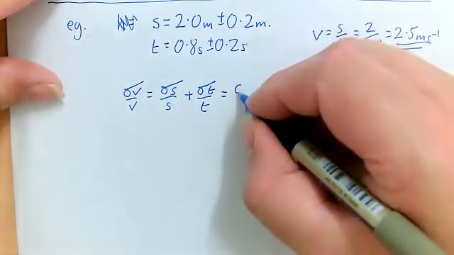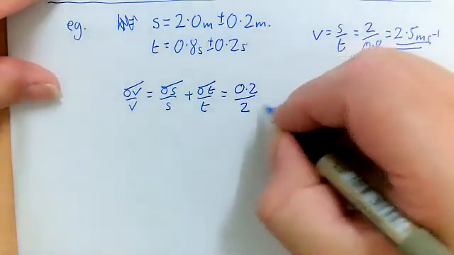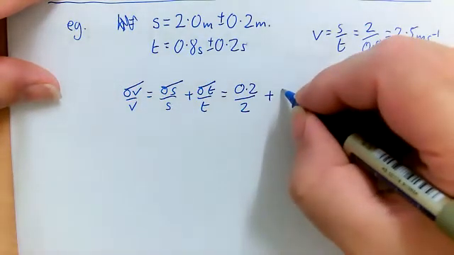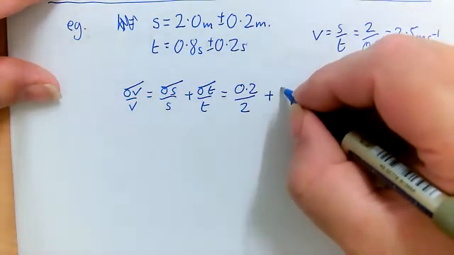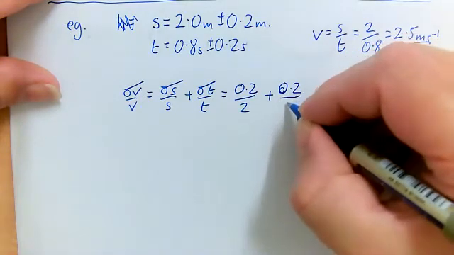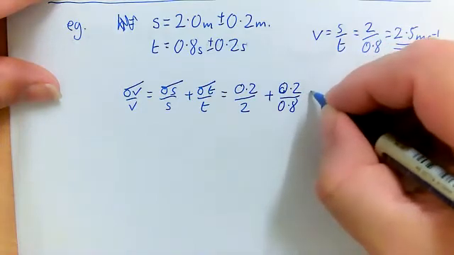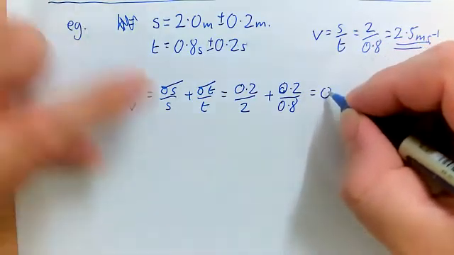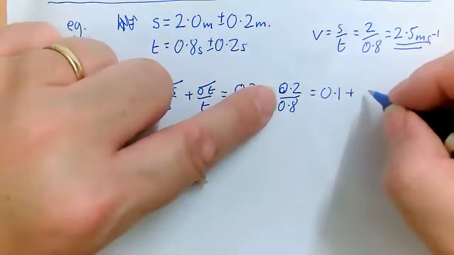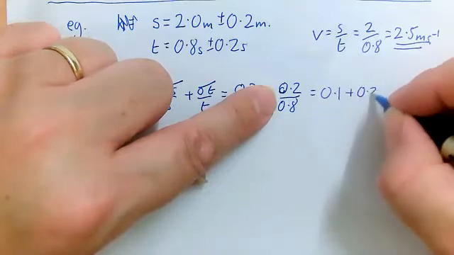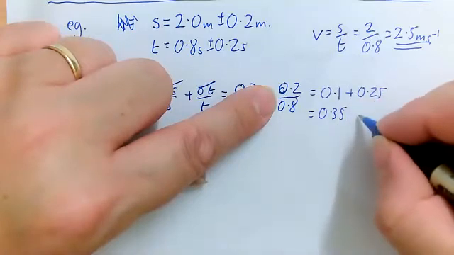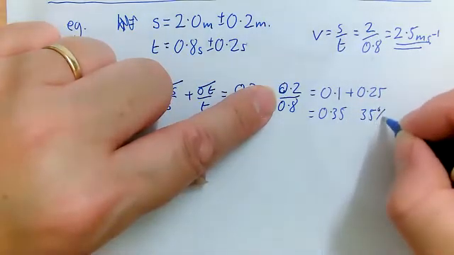The uncertainty in distance was 0.2 meters divided by 2, plus the percentage uncertainty in time, which was 0.2 over 0.8. So that is 0.1, or 10% uncertainty, plus the one we calculated before, 0.25. So it's 0.35, which is 35% uncertainty.